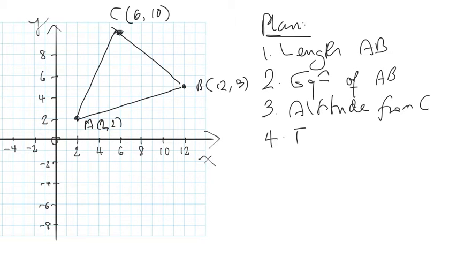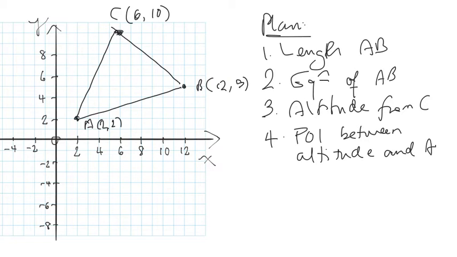So in other words, I'm going to find the point of intersection between my altitude and AB. And that POI, that point of intersection, I'll just call P.